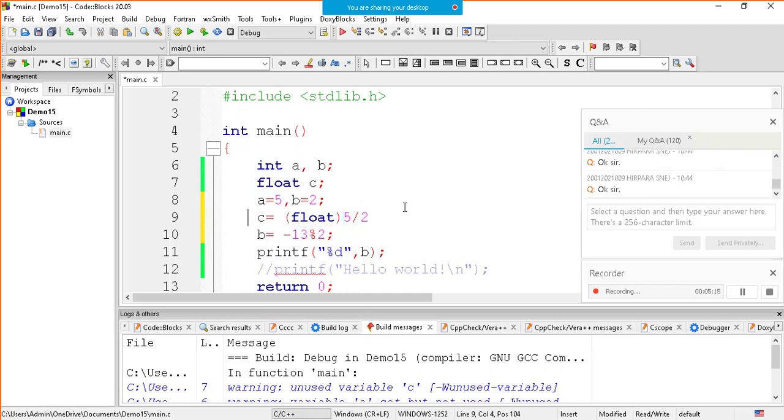Now we were on this point: B is equal to minus 13 modulo 2. When you have a minus sign, please understand, modulo keeps the sign of the first number.